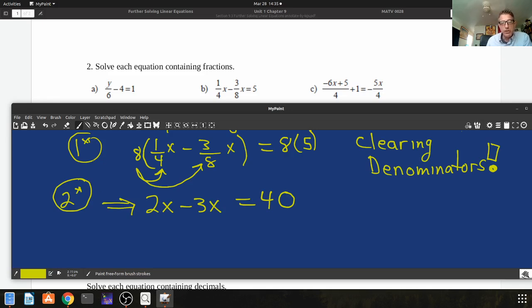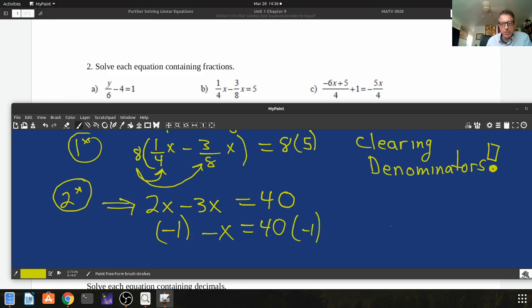But equation 1, after I cleared the denominators, I get equation 2 that has no denominators whatsoever, and it's much easier to work with those. So 2x minus 3x is minus x, and that's equal to 40. But I want to know what plus x is, and there's 2 or 3 different ways you can find plus x, but the easiest way is just to multiply both sides by minus 1.